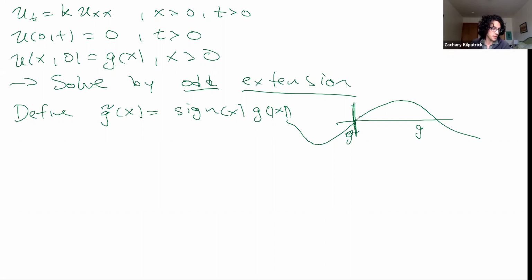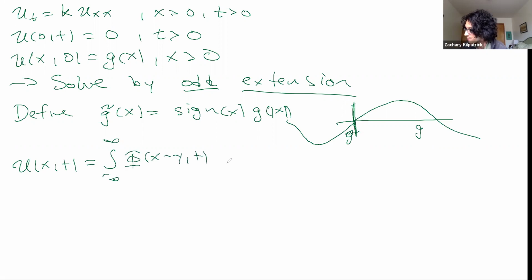But I think the specific question you had, AJ, was when we're computing what the final solution u of x, t looks like. The u of x, t is given by my fundamental solution times g tilde of y dy. By oddness, you can show that this satisfies our boundary condition.